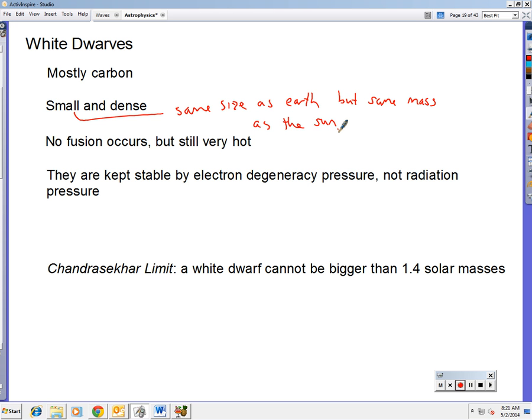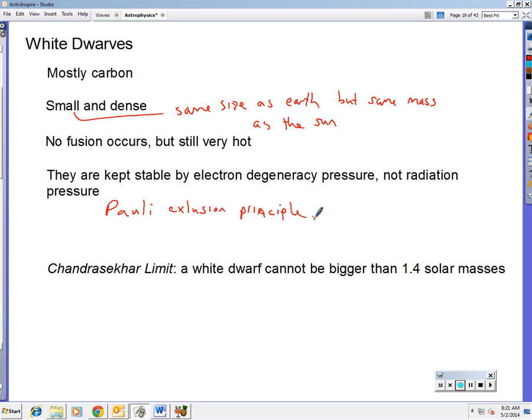And because of the Pauli exclusion principle, do you remember that from quantum mechanics? That says electrons don't want to share the same orbits with each other, and so basically the electrons are jostling each other with their elbows, and that's what keeps the star from collapsing under its own gravity.